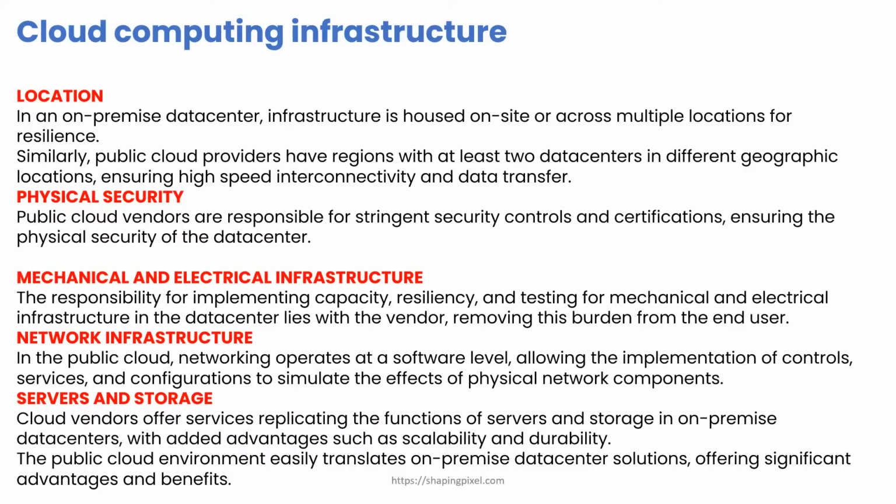Servers and storage. Cloud vendors offer services replicating the functions of servers and storage in on-premises data centers with added advantages such as scalability and durability. The public cloud environment easily translates on-premises data center solutions, offering significant advantages and benefits.